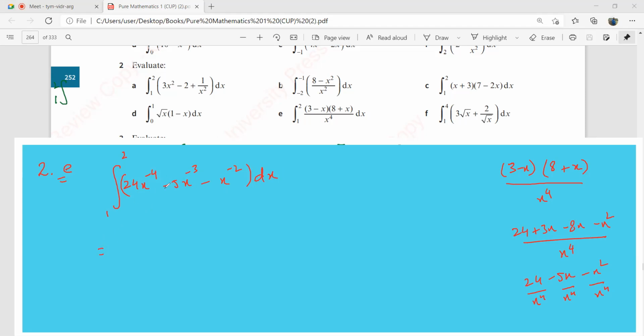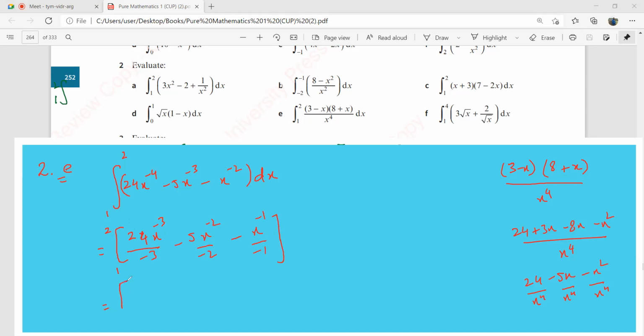Okay? And by the way, these are all first technique situations here. So this is the limit from 1 to 2. This is going to be 24 x raised to power minus 3 over minus 3 minus 5x raised to power minus 2 over minus 2 minus x raised to power minus 1 over minus 1. And I'm not writing a plus c, you can see that.